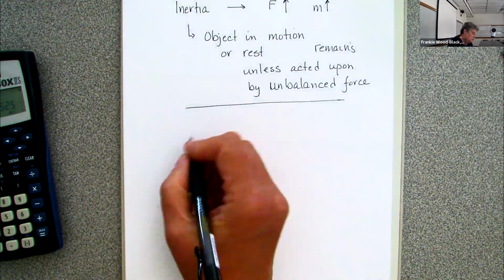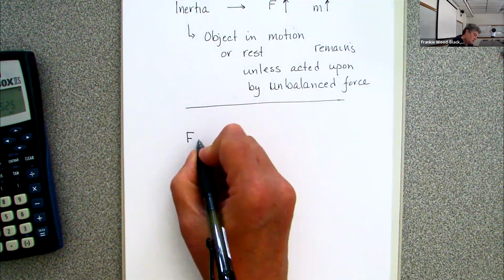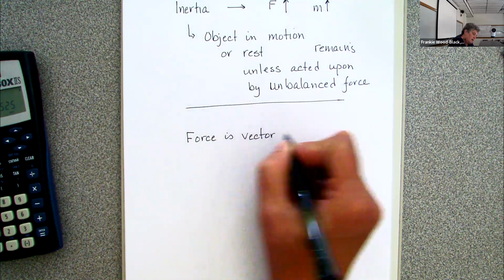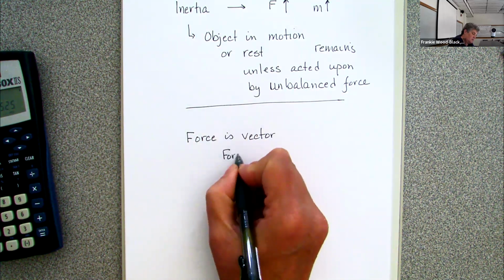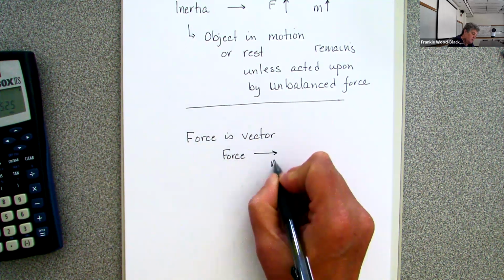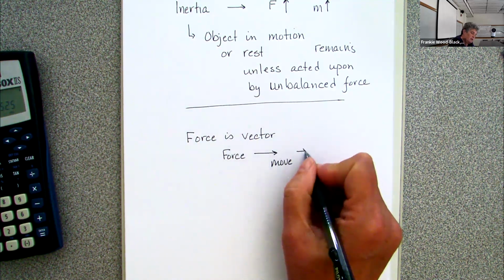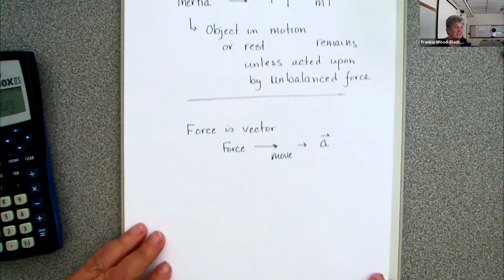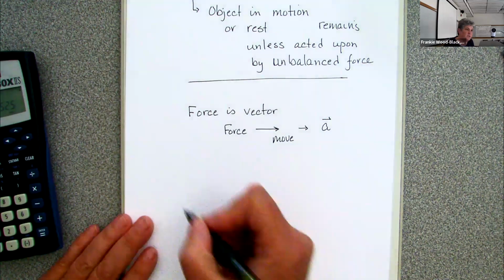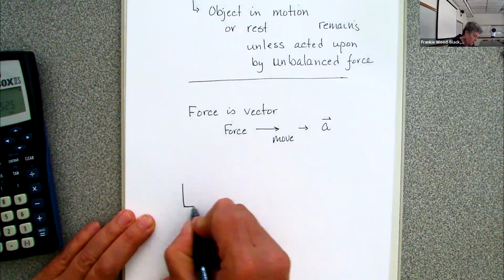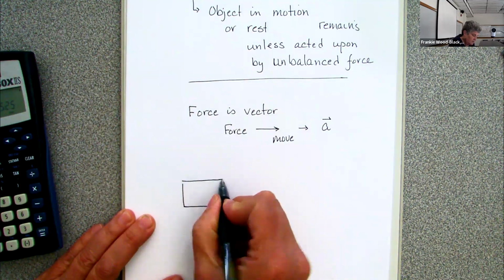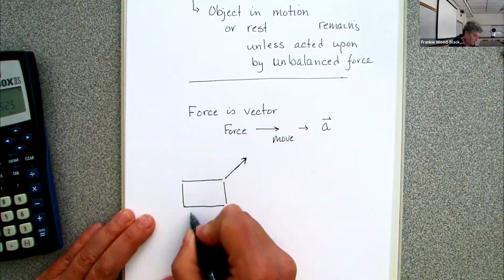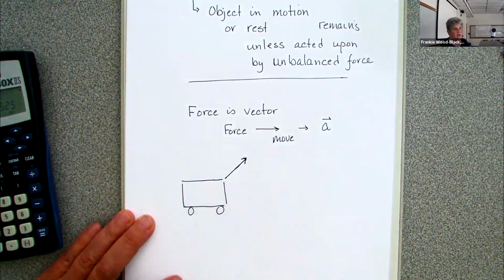The other part of the thing is we know that force is a vector. And the force is going to move in our area vector of acceleration. So let's think about this for a second, because we do this all the time. One of our homework problems was this. We had a lady pulling on a suitcase.